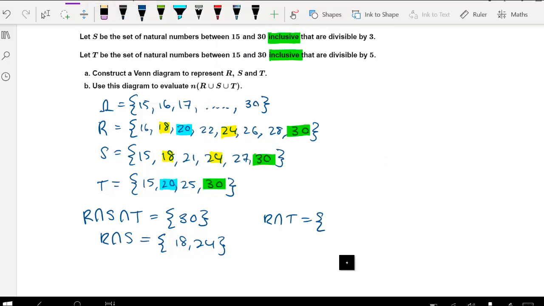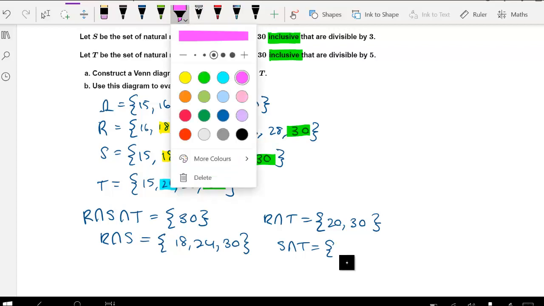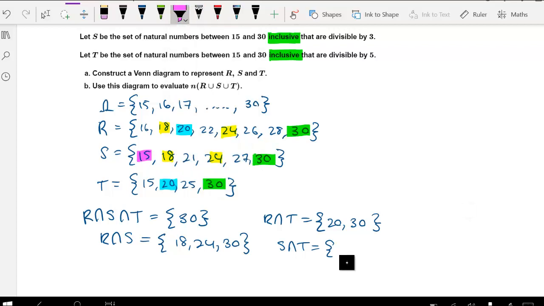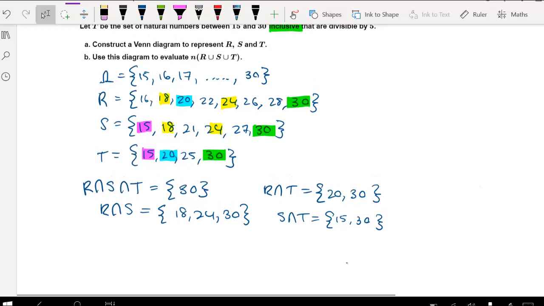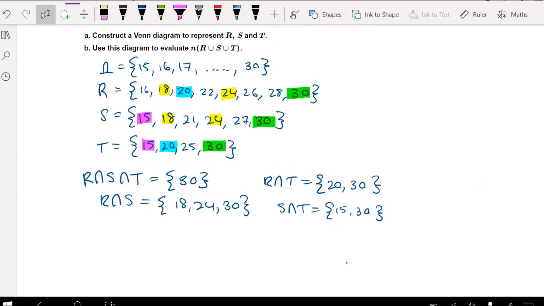So I did miss out here, 30. This is 20 and 30. The intersections between S and T, which we'll put in purple, will be 15 and 30. Now that we have all of this, we should be able to construct a Venn diagram.